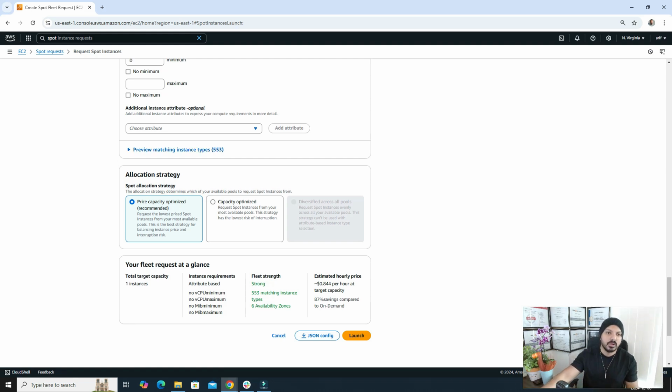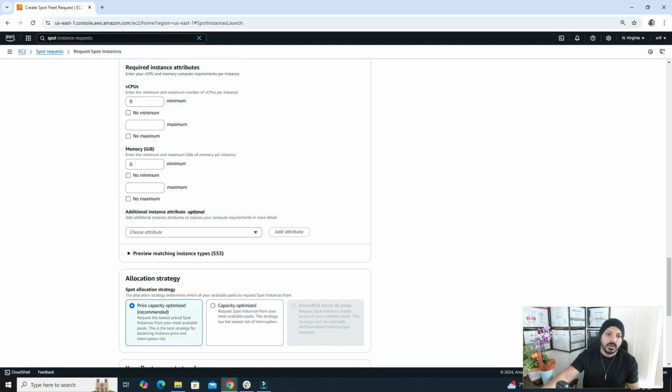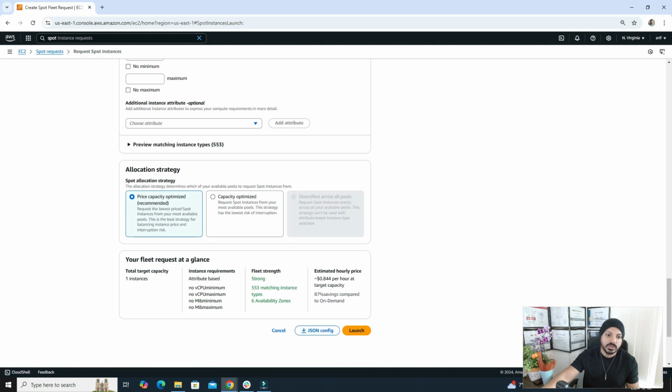After you have put in all this information, here is your spot fleet request at a glance. Right now the fleet request is very strong, which means there are a lot of free resources for what we have requested, which is good. Here we have 553 matching instance types and 6 availability zones, so we have a very good chance of getting all the resources.